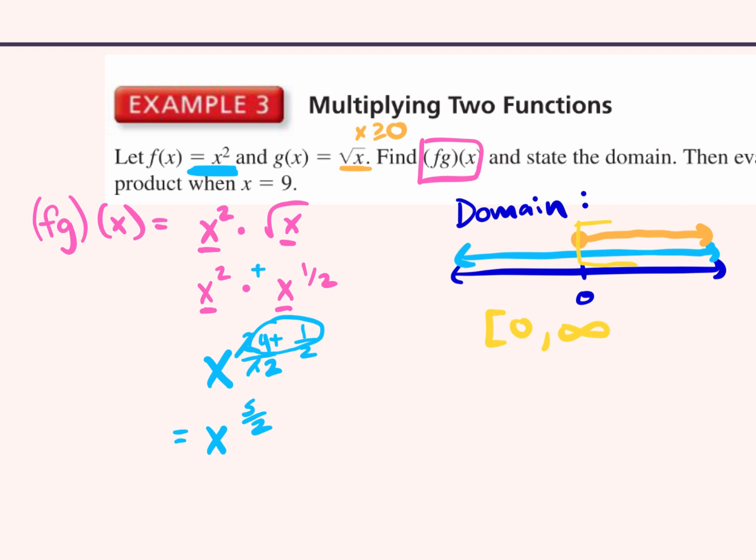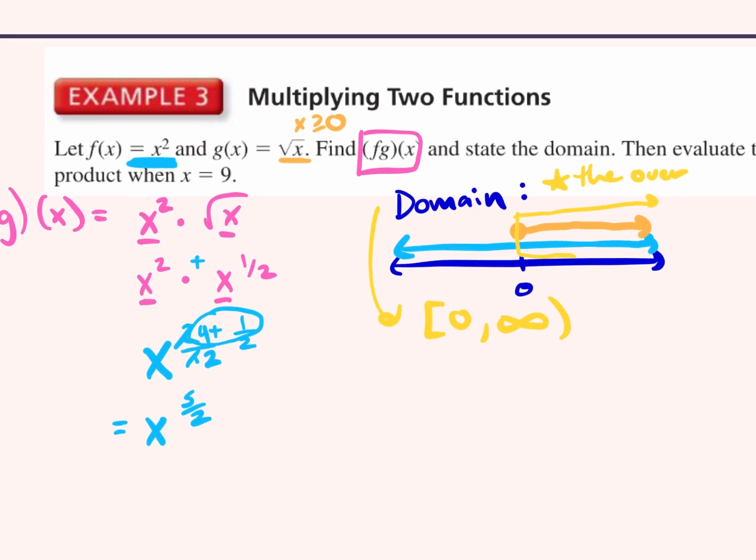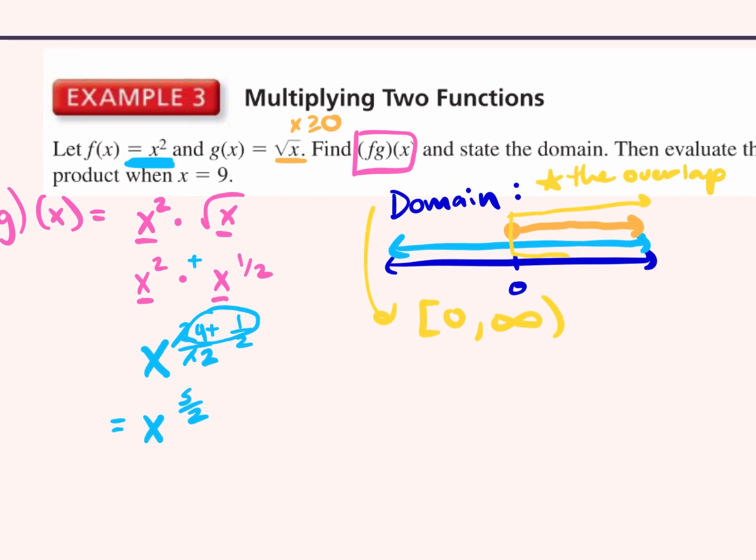Because the orange line doesn't include the negative numbers, so it has to start at 0 and goes to infinity. So my domain would be 0, infinity. It's where our two domains overlap.